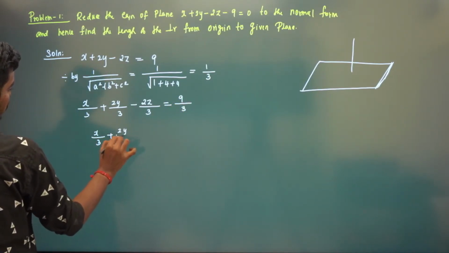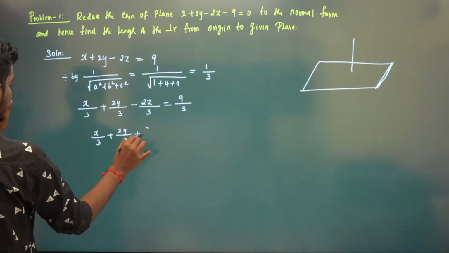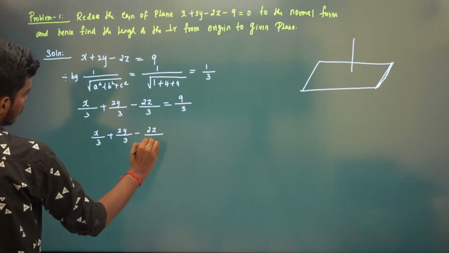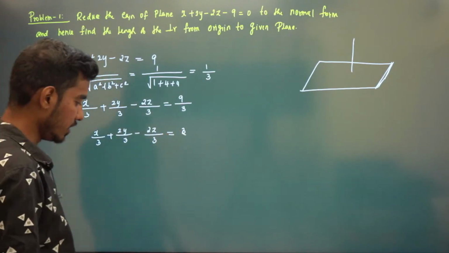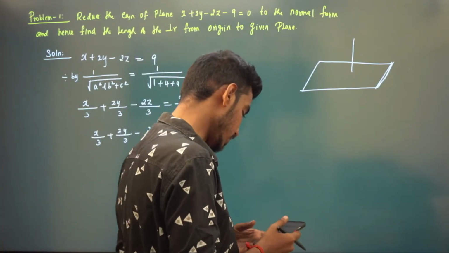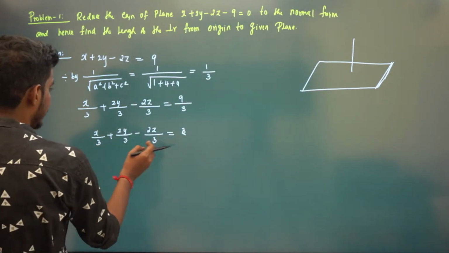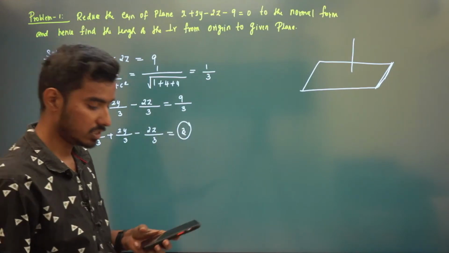x by 3 plus 2y by 3 minus 2z by 3 is equal to 3. So this is the equation of plane in normal form. So we have Lx plus My plus Nz is equal to P, and P is the length of the perpendicular from origin to the plane.